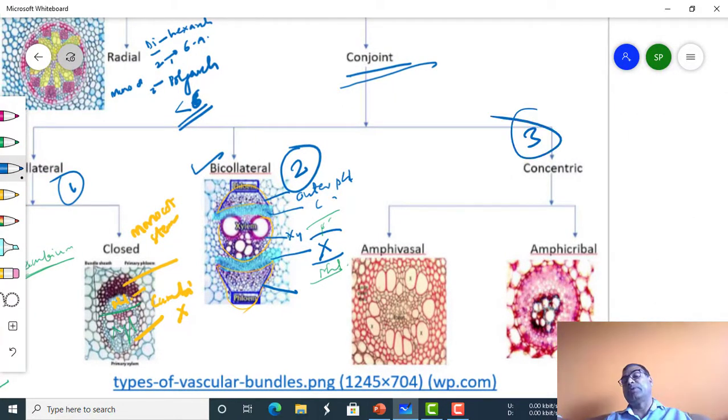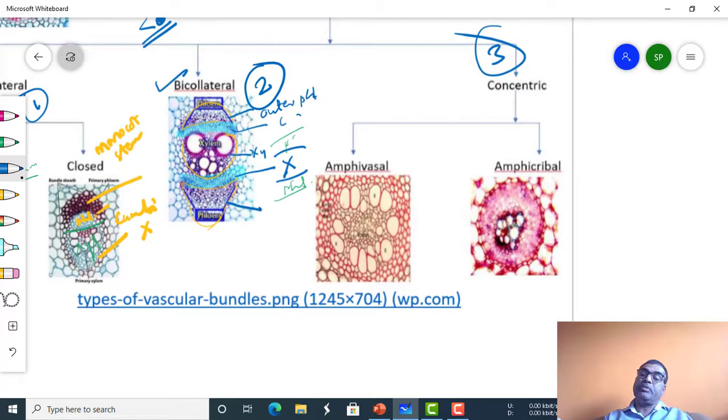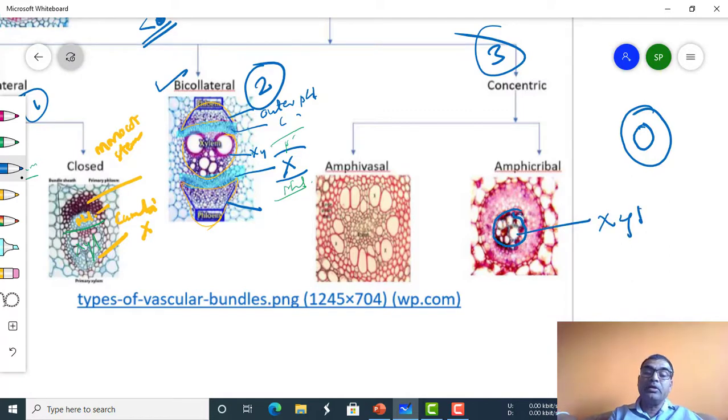And the third type, which is the most primitive type, is the concentric type of bundle. What is concentric type of bundle? In case of concentric type of bundle, one type of vascular tissue is overlapped by another kind of vascular tissue. If you observe here, this one is a region of xylem, and if you see this figure here, this one is a region of xylem.